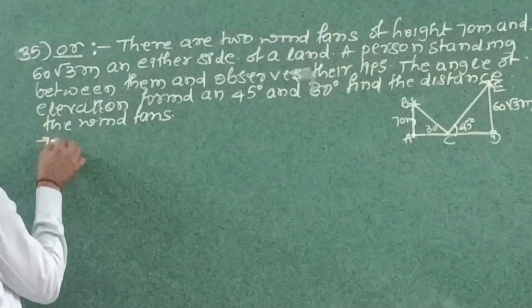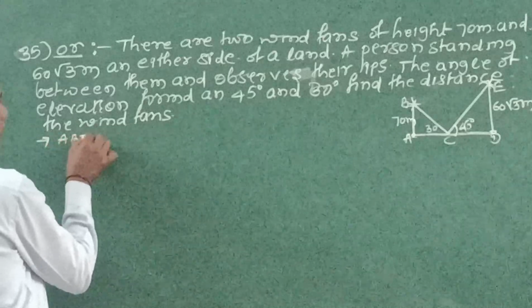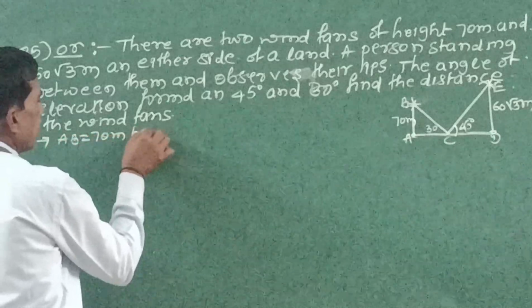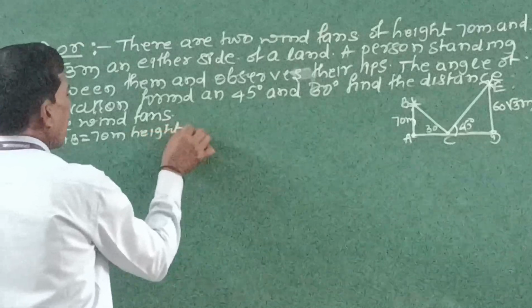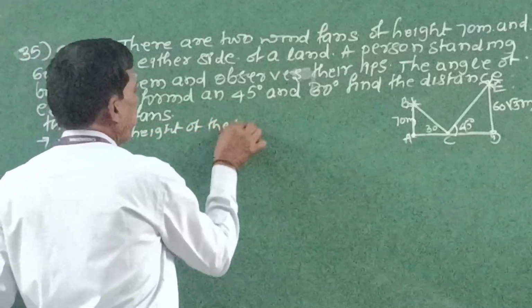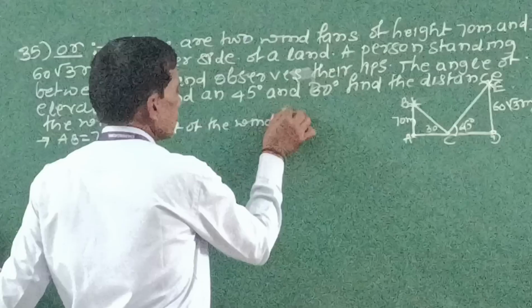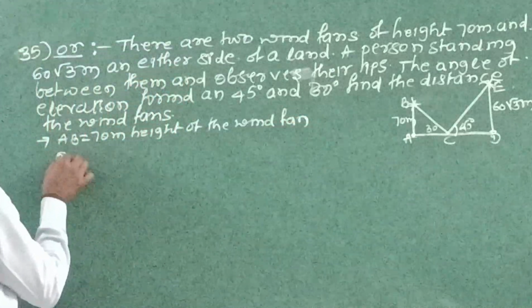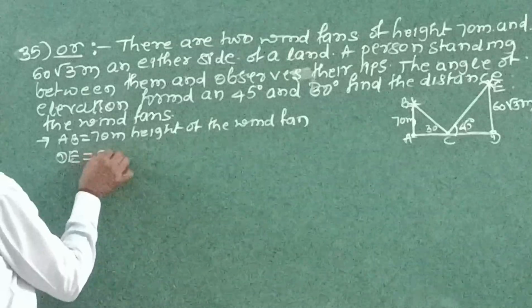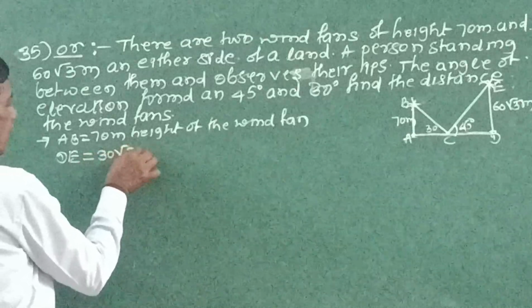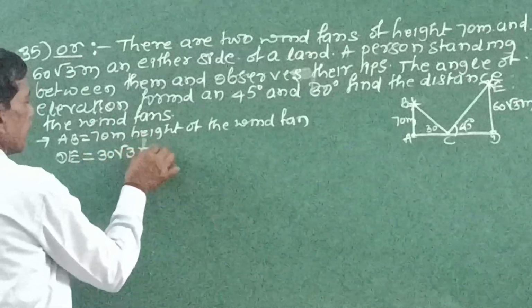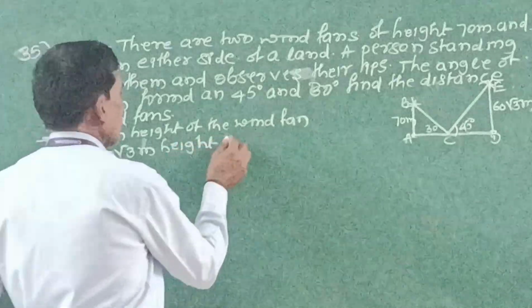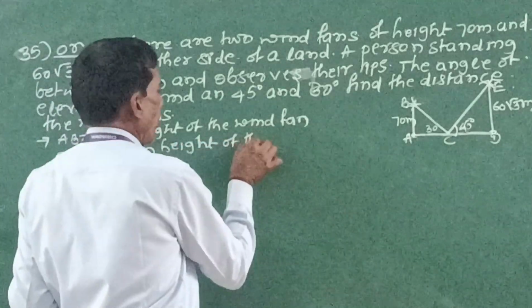First, AB equals 70 meters, the height of the first wind fan, and second, DE equals 60 root 3 meters, the height of the other wind fan.